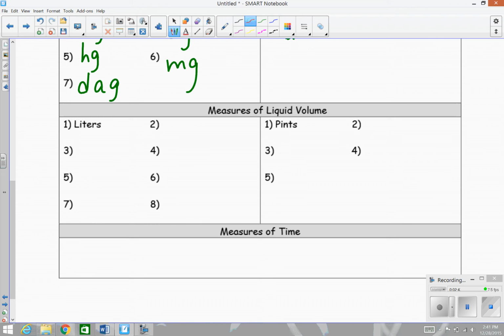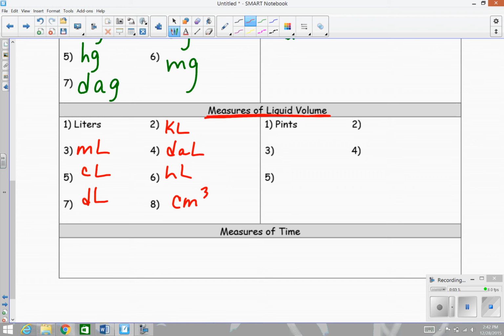And then looking at volume, liquid volume, how do we measure liquid? Well, for metric units, we have liters, milliliters, centiliters, deciliters, kiloliter, decaliter, hectoliter, and then we also have cubic centimeters, which is kind of a funky one. And then pints.